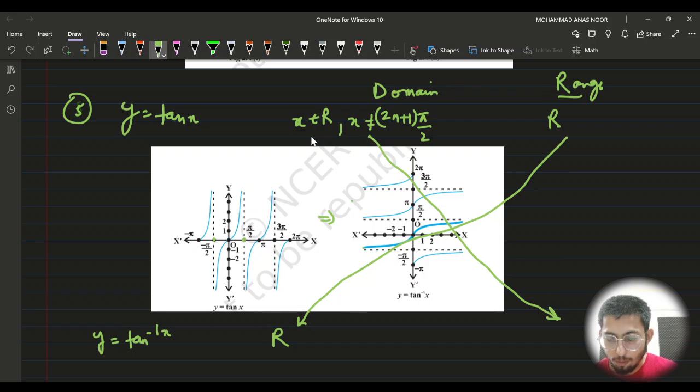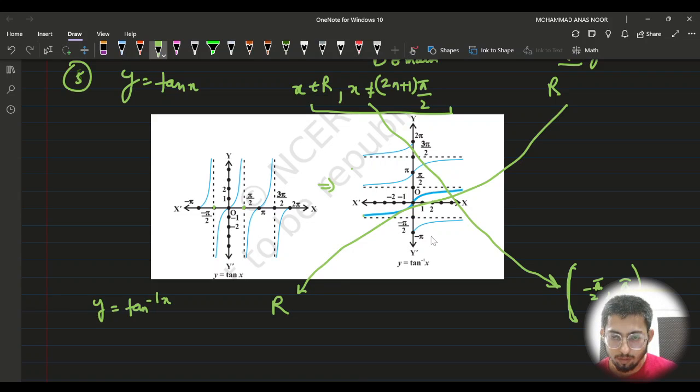This would be copied, except for the restriction. So what will the restriction be? Minus pi by 2, pi by 2, with brackets open. So you cannot take those exact values.